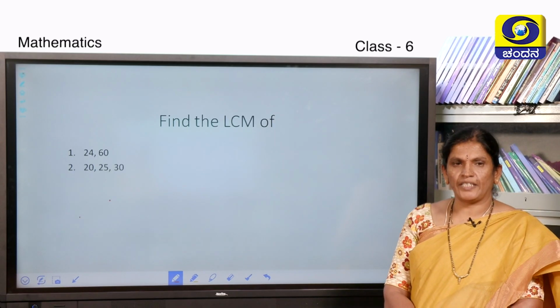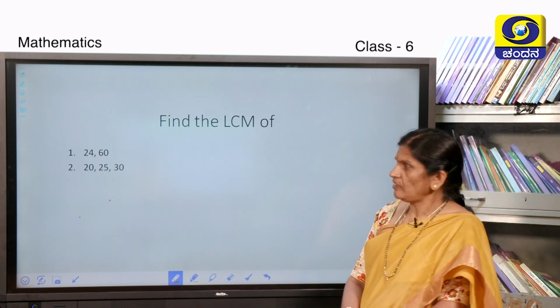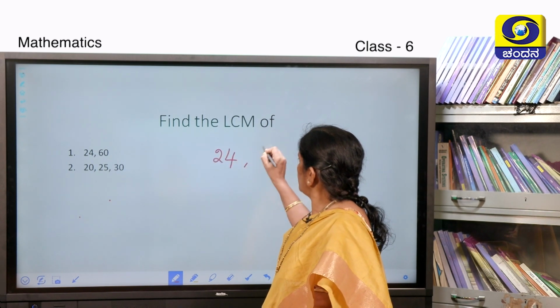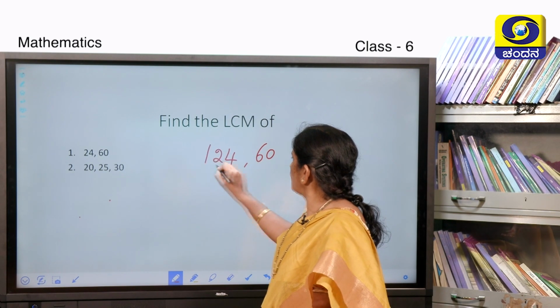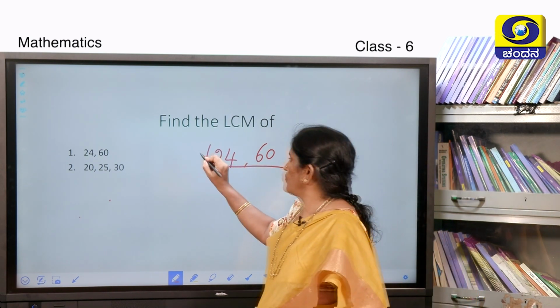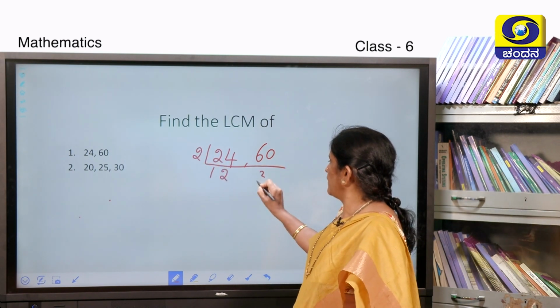Now, finding LCM of 24 and 60 using prime factorization method. 24, 60. As both are even numbers, we can divide these by 2. 2 1s are 2, 2 2s are 4, 2 3s are 6, 0.